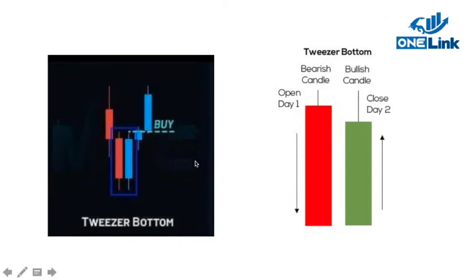Before taking the trade, don't blindly act. A lot of people, once they see this, straight away place a buy, but it can turn out to be a fake one. A tweezer bottom can be fake, and that's why I said you need to have a confirmation. All the candles work, but you need confirmation.